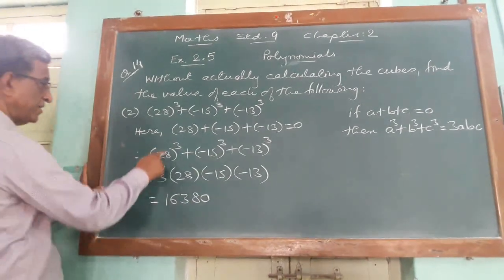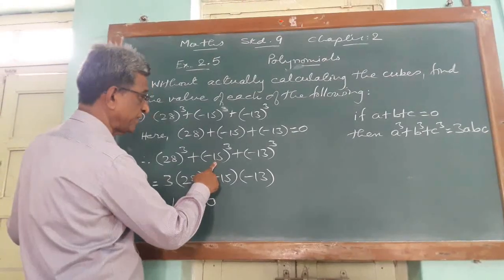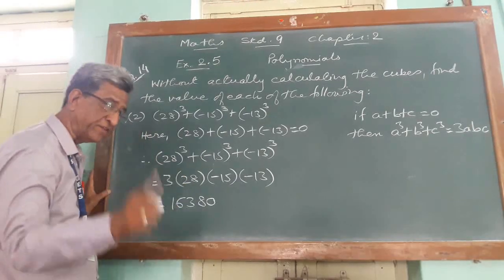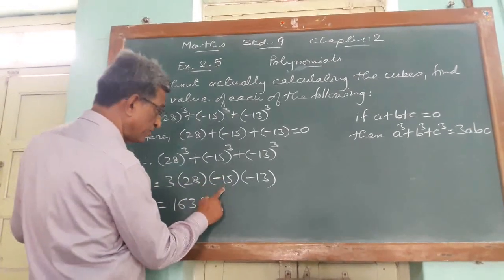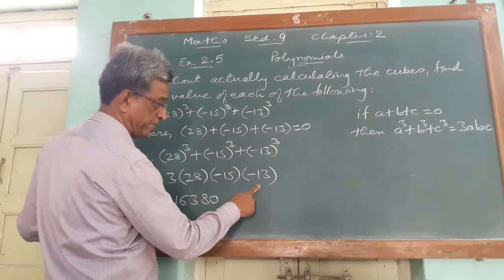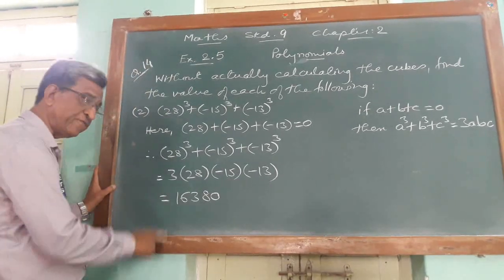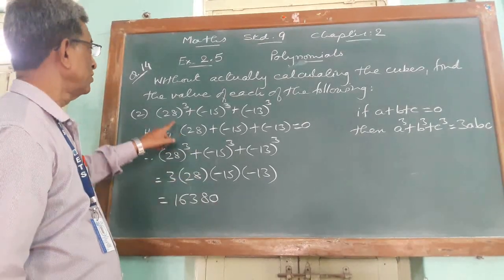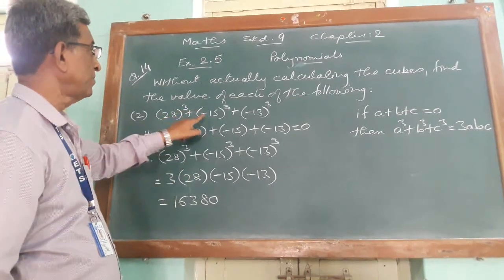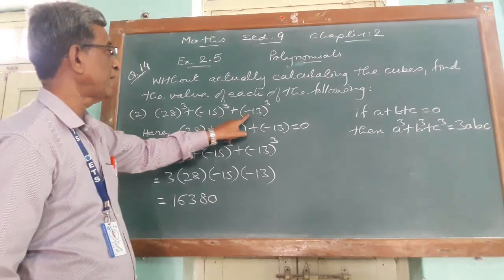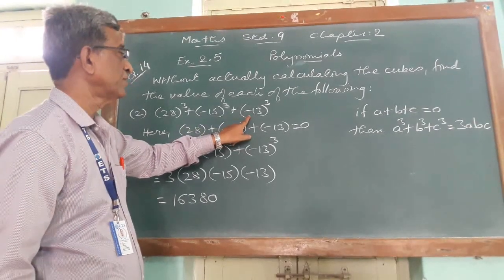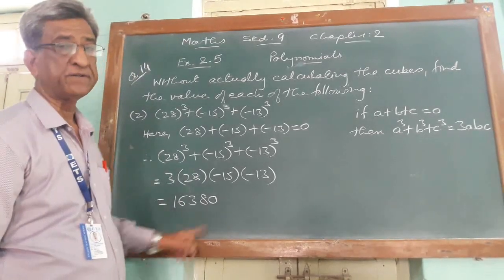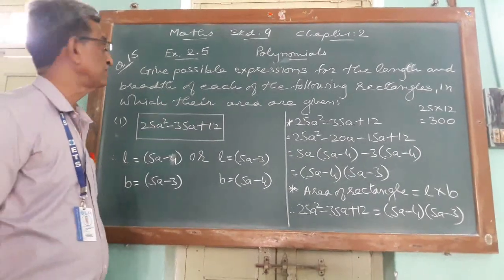So this gives you 3 into 28 into minus 15 into minus 13. This simplifies to 16,380. Answer.